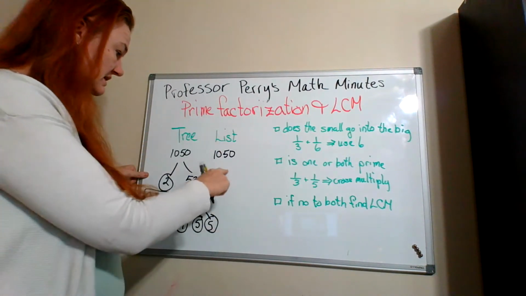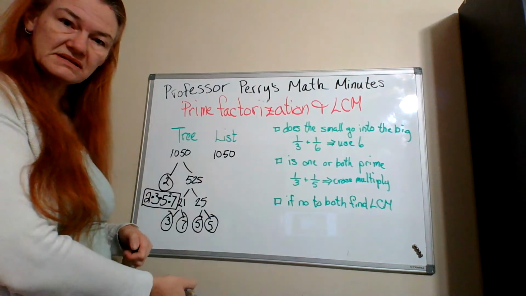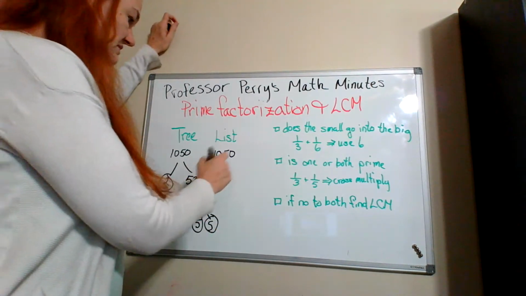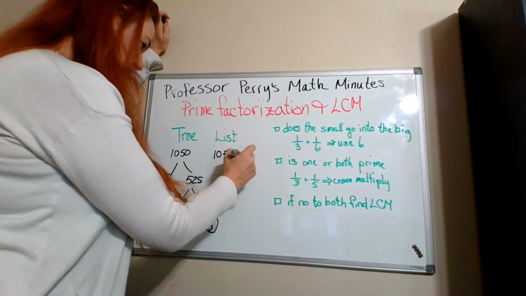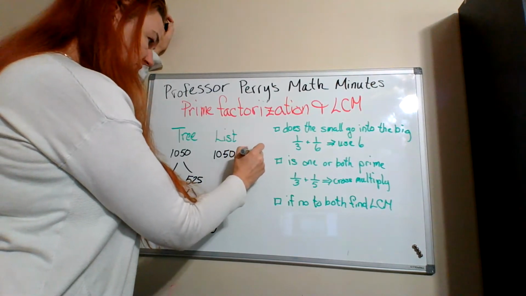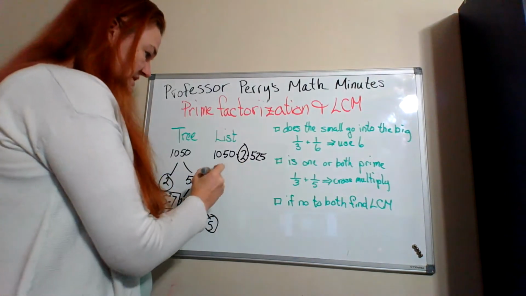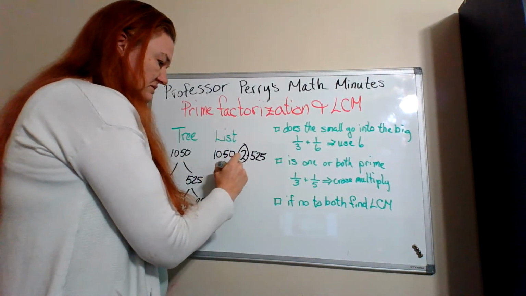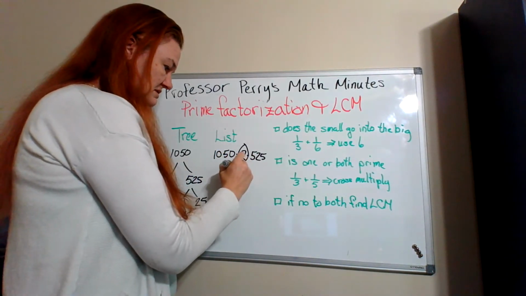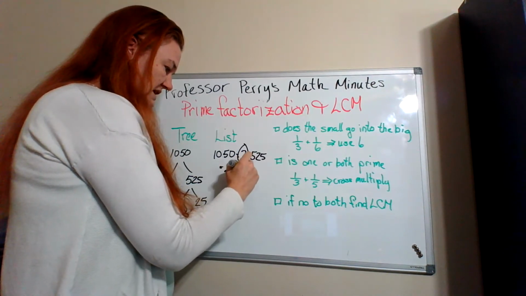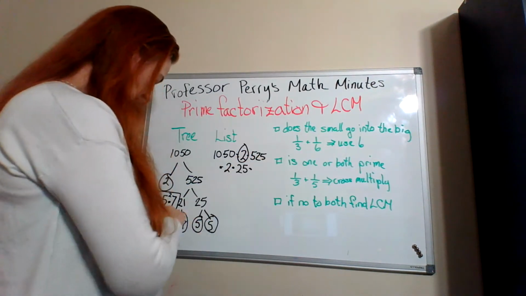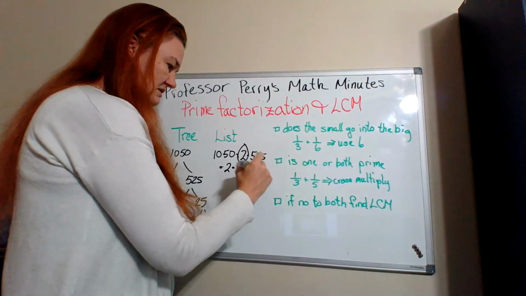Okay, the other way is to make a list. Very similar. So I would do the same thing. I would go 2 times 525. The 2 is prime, so I'm going to leave that there. 2 times 25 times, and we already figured this out over here, 21.